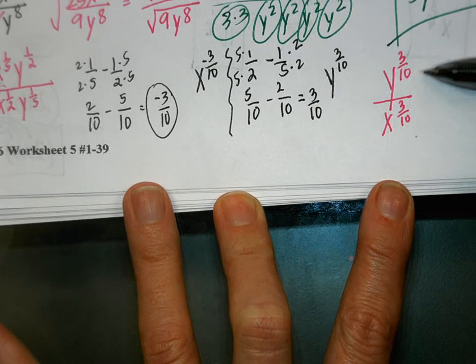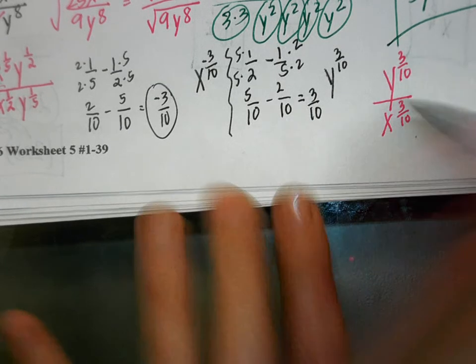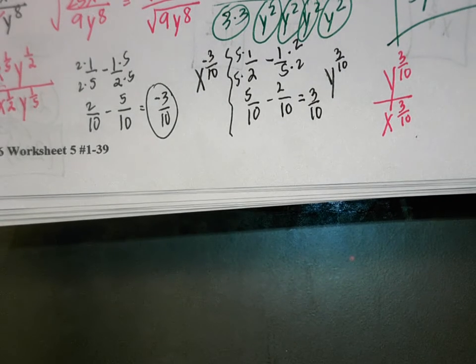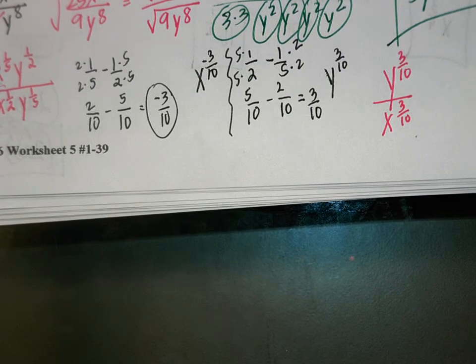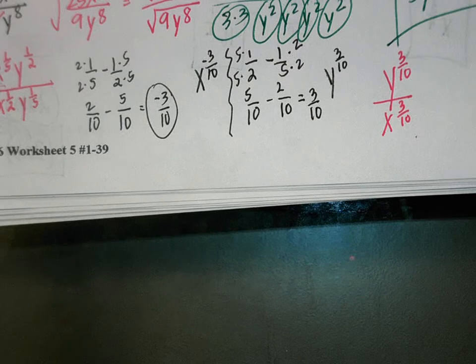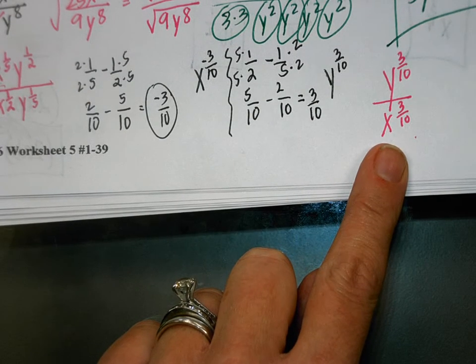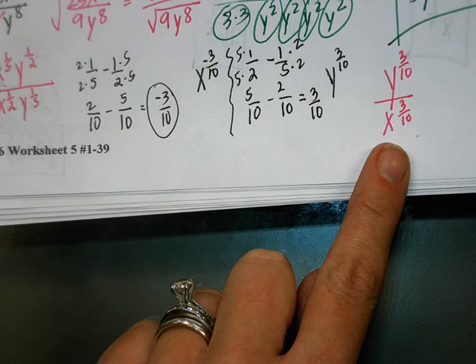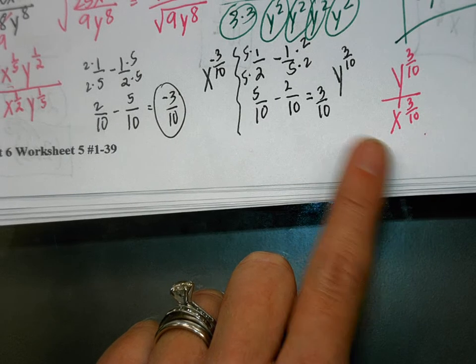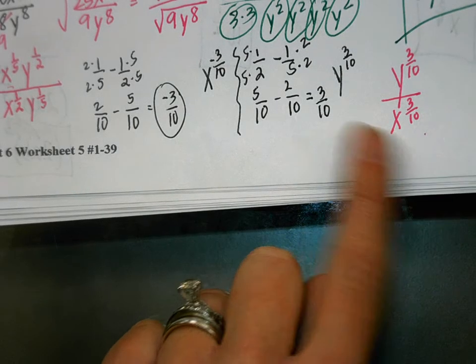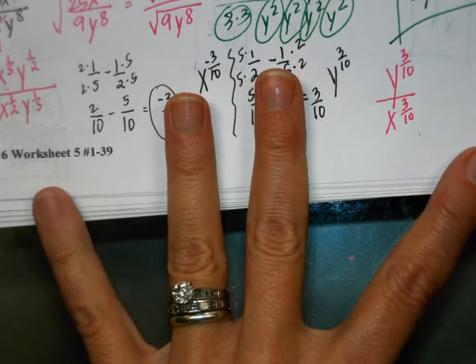Now, is this okay? Why not? Because this really represents a square root in the denominator. Okay? So, you can leave them this way, or we could change them to roots if that makes more sense.